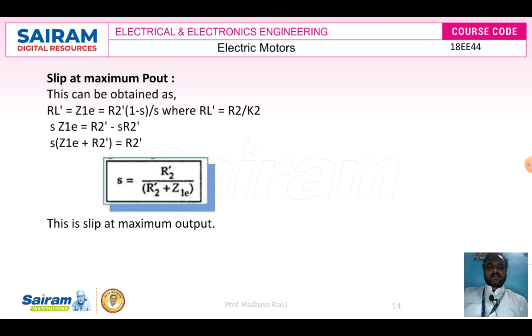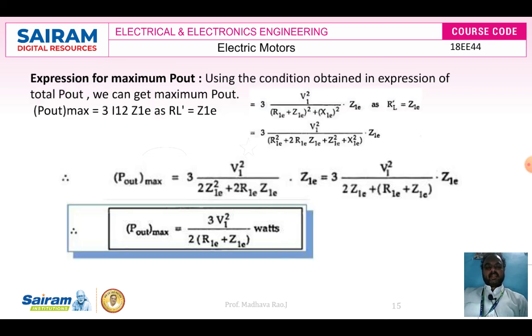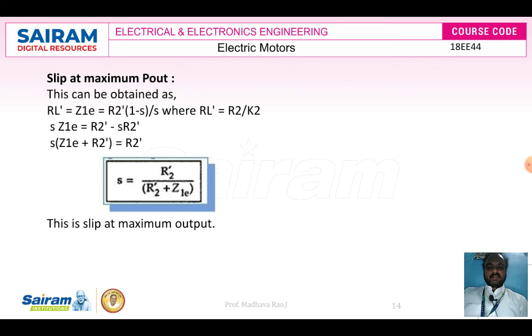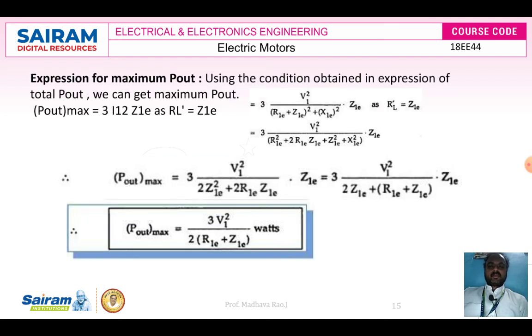So S into (Z1e plus R2') is equal to R2'. Finally, the slip at maximum power output is S equal to R2' by (R2' plus Z1e). So this is the slip at maximum power output.